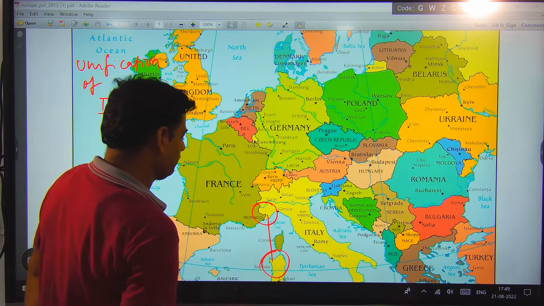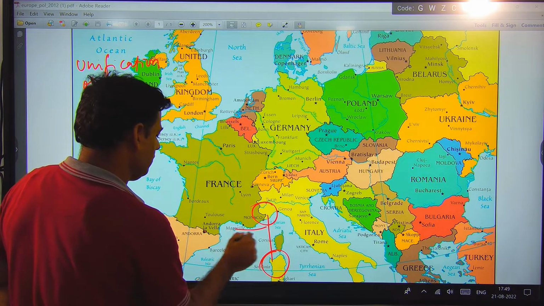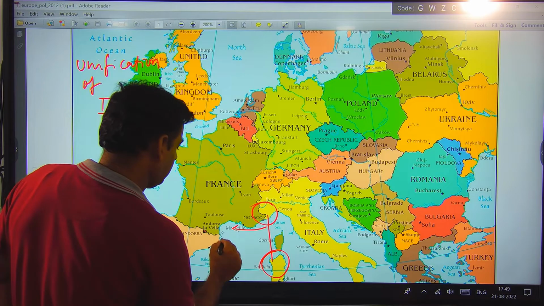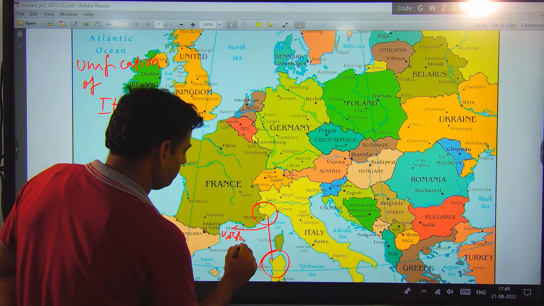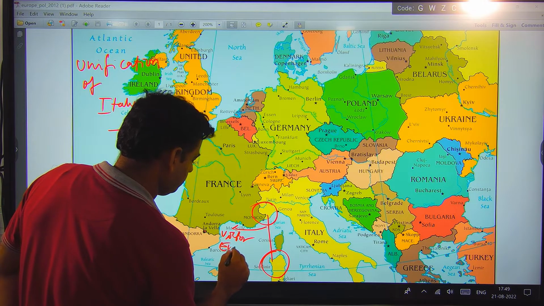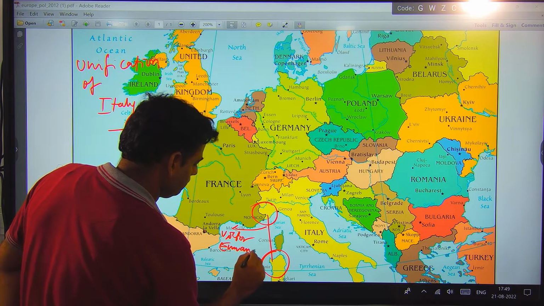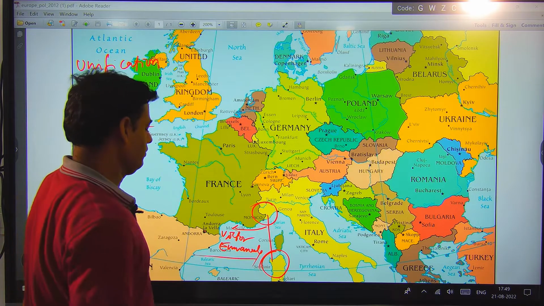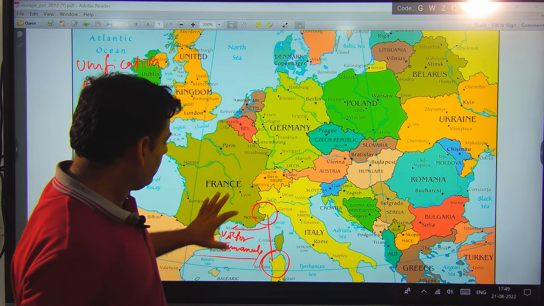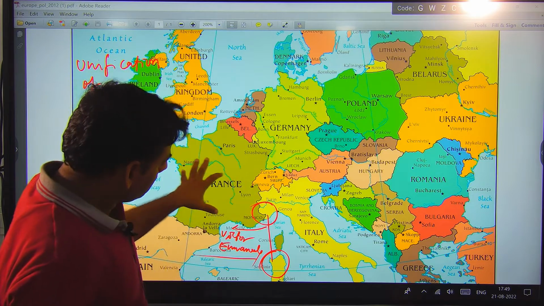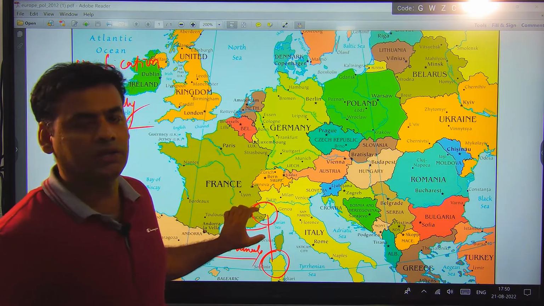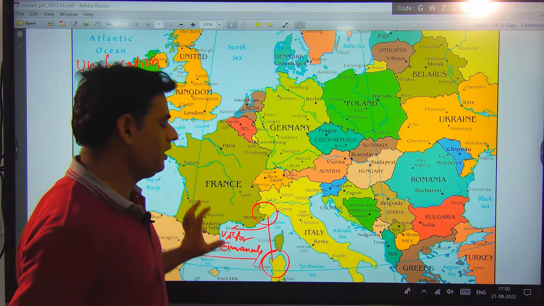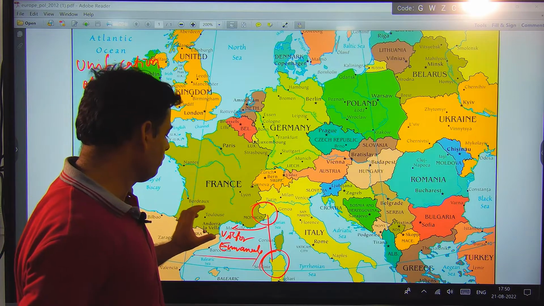These 2 territories were ruled by the Italian king Victor Emmanuel. One thing to understand is, this is the only territory ruled by an Italian king. His name is Victor Emmanuel II.